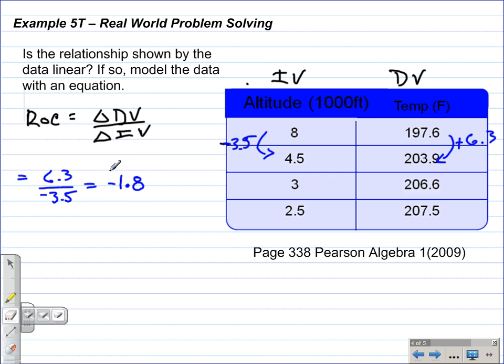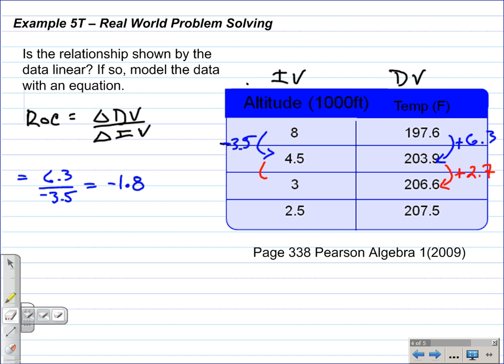Similar to the last example, this is our slope. This is our rate of change. This is going to be the coefficient for our independent variable. Between the second pair of consecutive data, the change in the dependent variable from 203.9 to 206.6 is an increase of 2.7.